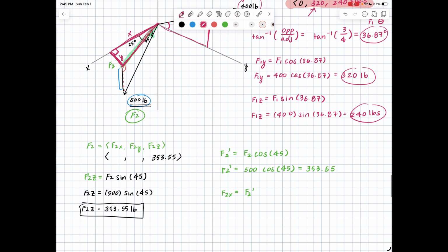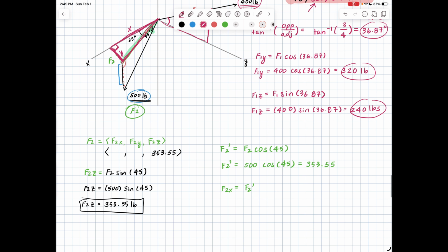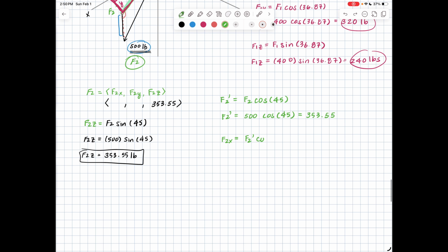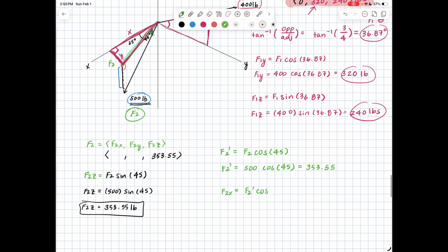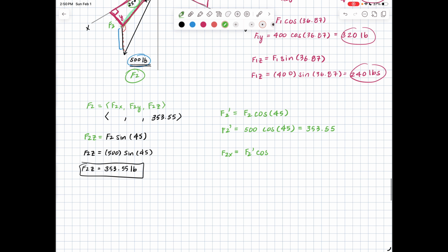So to get to our F2x value, we are given this 25-degree angle, and we can use that by saying that we want the adjacent side. So that would be cosine. So F2 prime cosine 25.